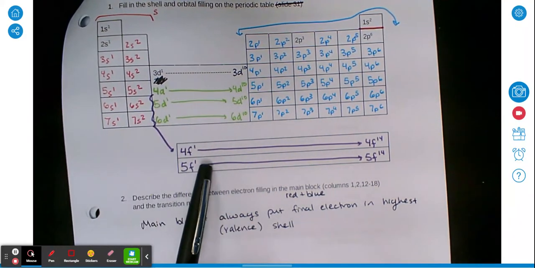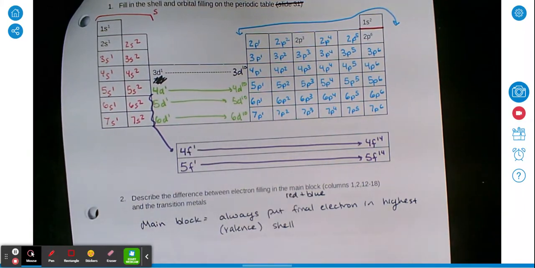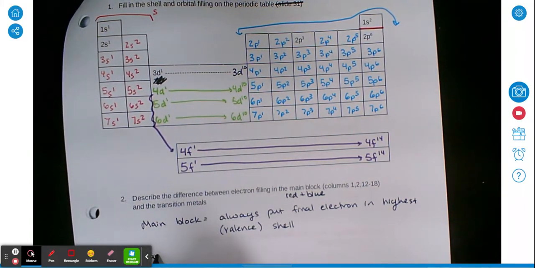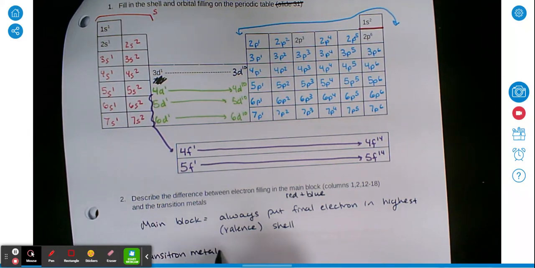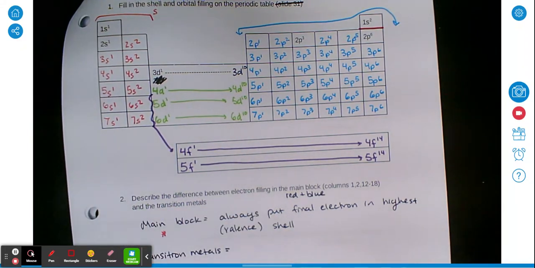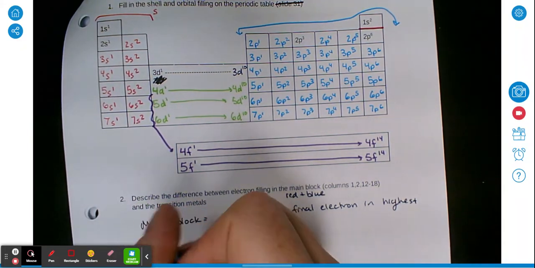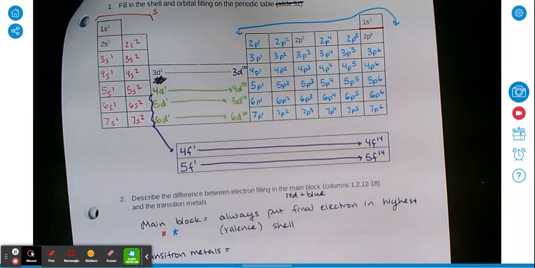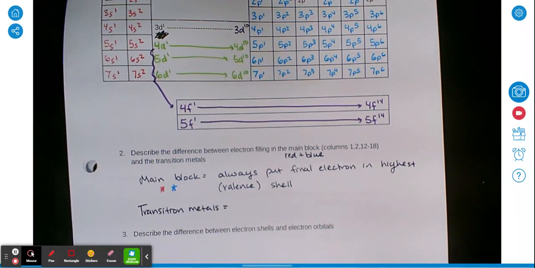The green and the purple, those transition metals, are a little bit different. So when we get to those greens, we have to remember to count back.